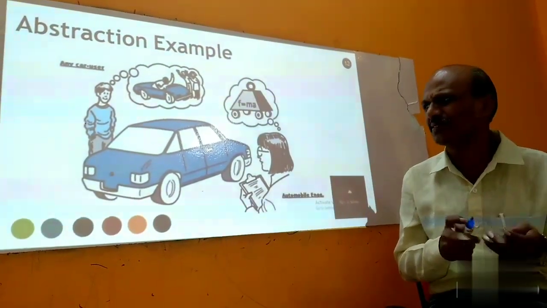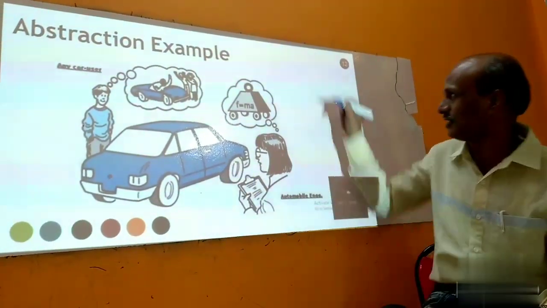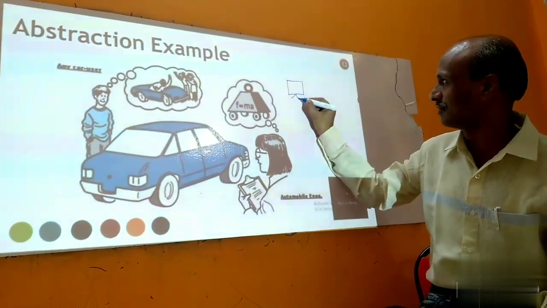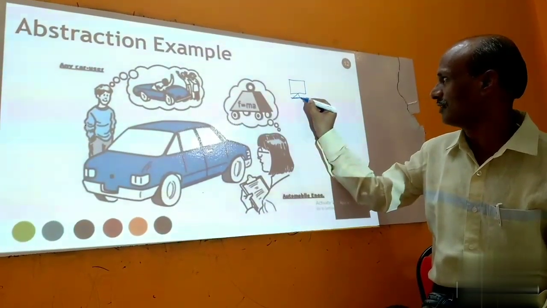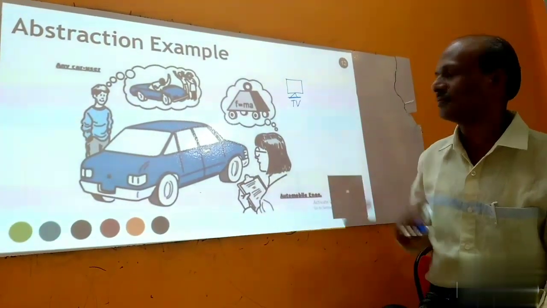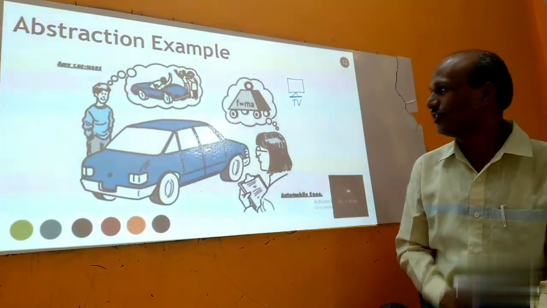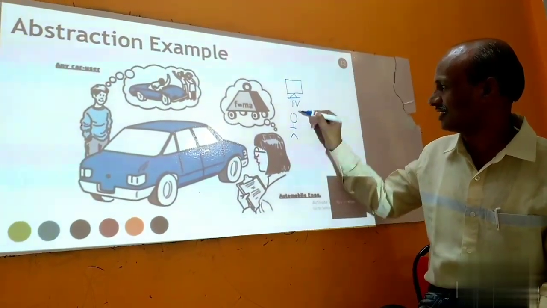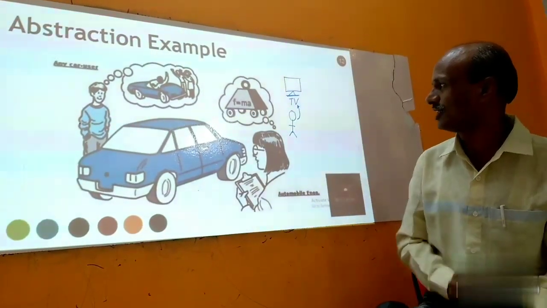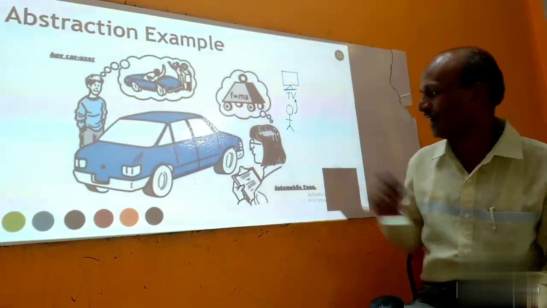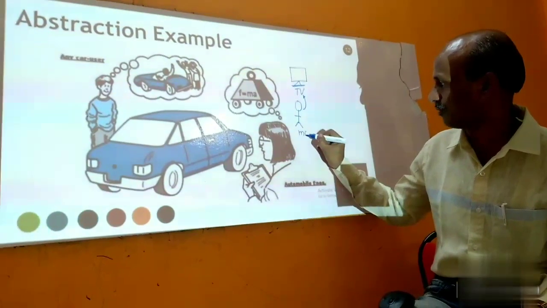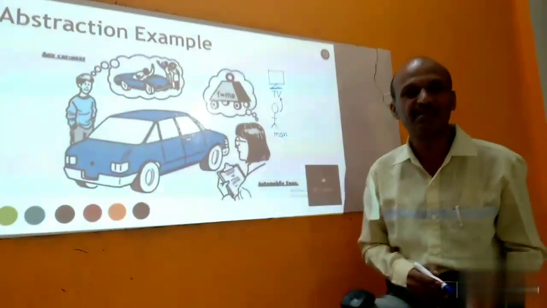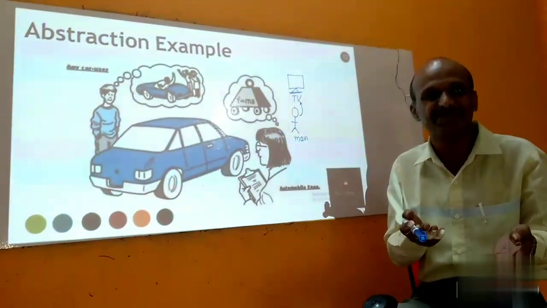Or again, you can take an example of another thing. Suppose this is a TV set, a television, and suppose this is a normal user who is using this television. What is the important thing for this man? Which program and at which time, when there is a cricket match, when there is a movie.